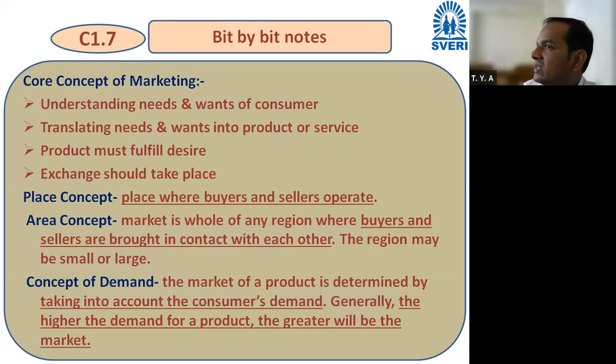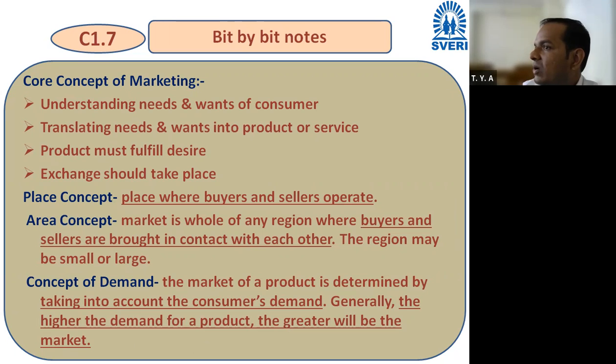So your market is you grabbed the whole Maharashtra market. So it can be considered as an area concept. Concept of demand. The market of the product is determined by taking into account the consumer's demand. Generally, the higher the demand for a product, the greater will be the market. So what is the concept of the demand?